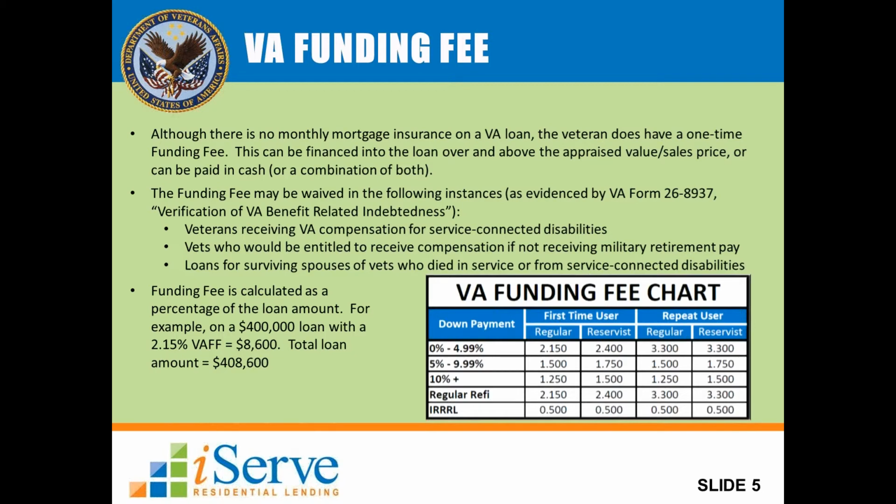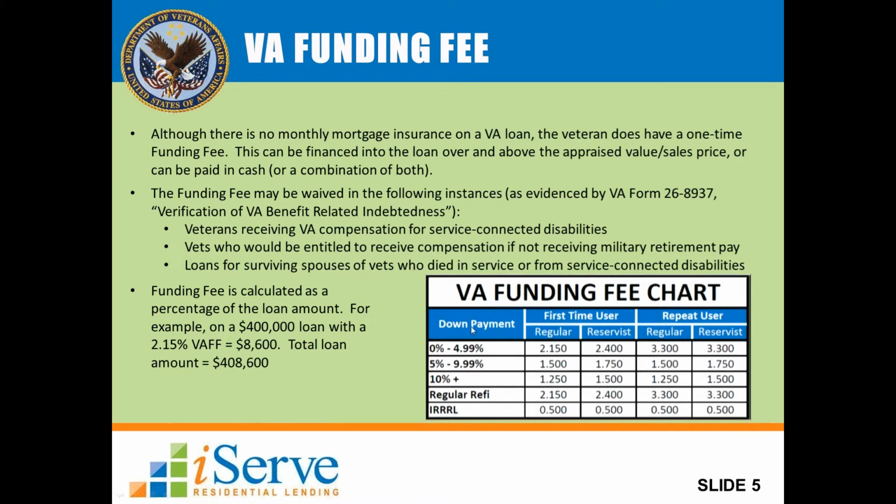And we're looking at borrowers that are disabled and receiving VA compensation, that would be eligible to receive compensation if they weren't receiving retirement pay, surviving spouses, if their spouse was in service and died because of a disability or while in service, they're exempt as well. But VA will make the final determination of that exemption on that 8937 form.